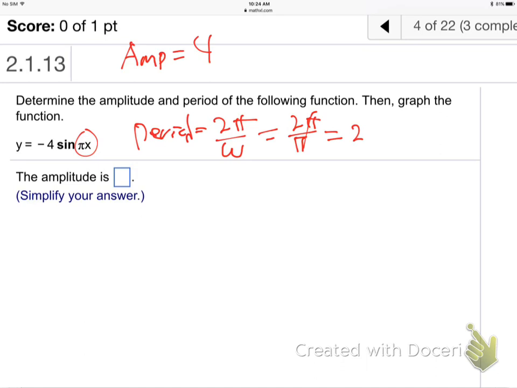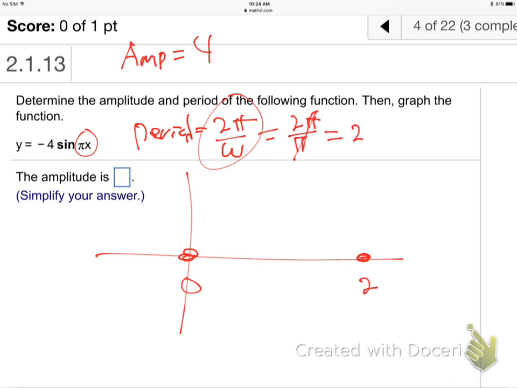Yeah, let me show you. So everybody good to there? That making sense so far? Use that formula, 2 pi over whatever's next to x, which was pi itself, cancels, 2. So now what does period mean? When it finishes its first cycle. So start at 0, finish your first cycle where? 2. Not 2 pi, but 2. You with me?